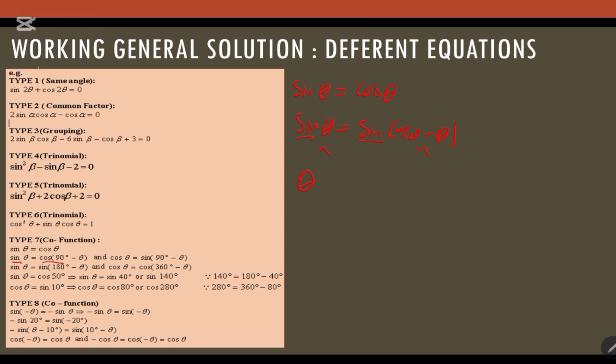Therefore, you have theta is equals to 90 minus theta plus k times 360. And k is the element of z. Taking the theta this side, 2 theta is equals to 90 degrees plus k times 360. And k is the element of integers. Divide both sides by 2.